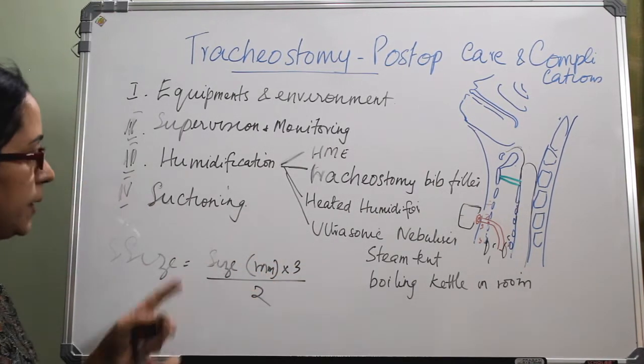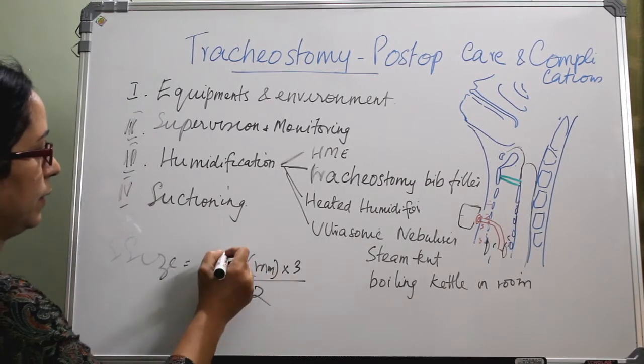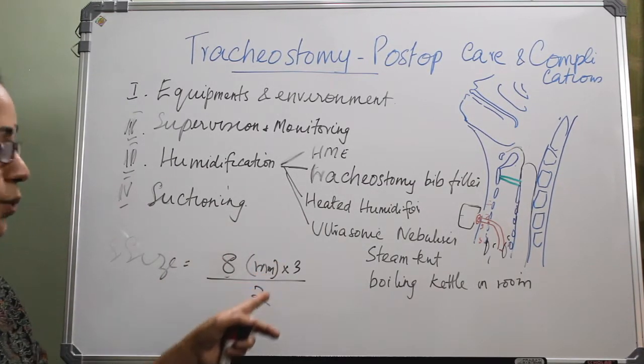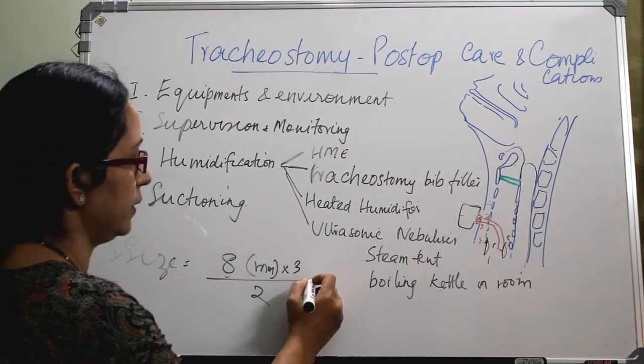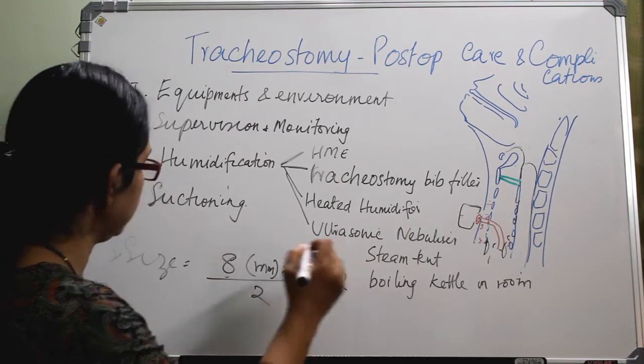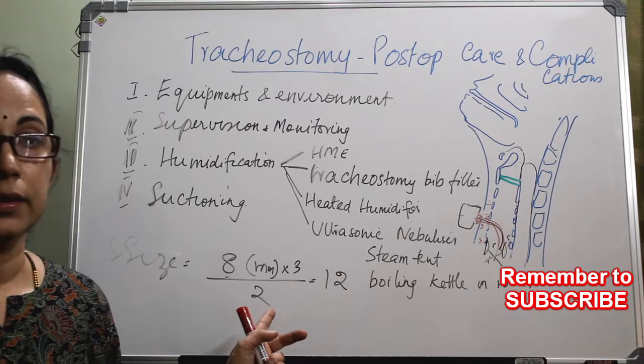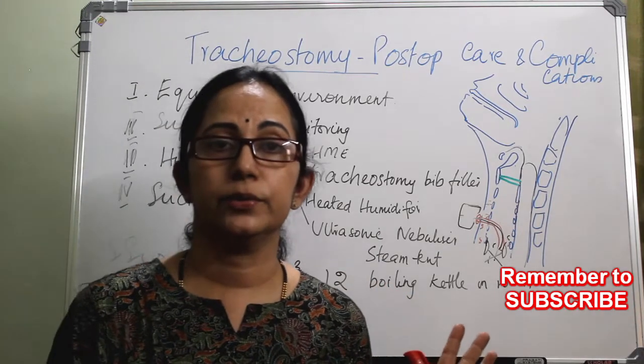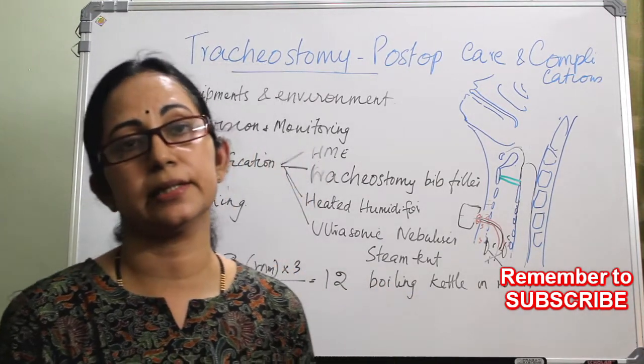So if it is number 8 size, 8 into 3, 24 by 2, so that will be 12. So care should be taken to use the correct size suction catheter.